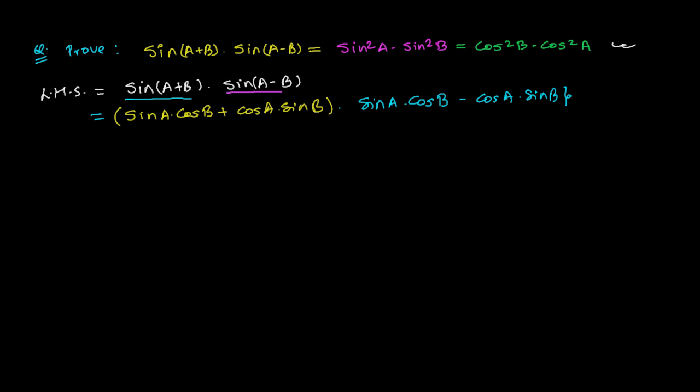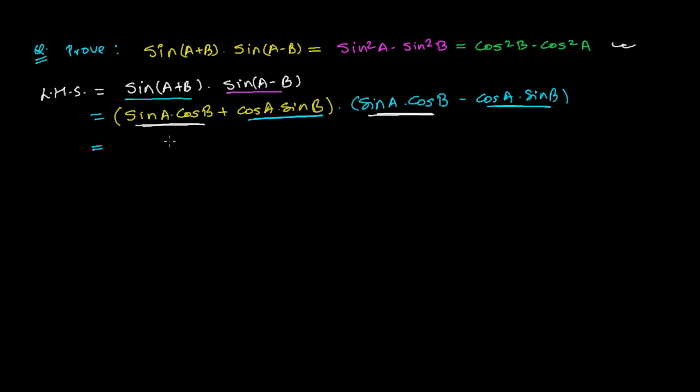Now if you see here, this is sine a times cos b, and this is cos a times sine b. This quantity and this quantity are the same, and similarly this quantity and this quantity are the same.